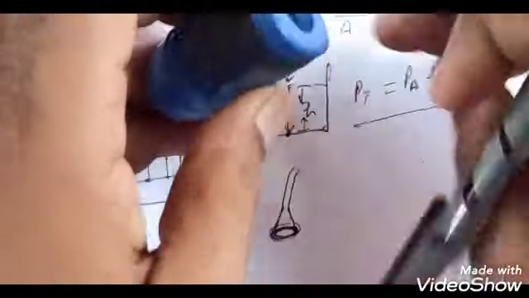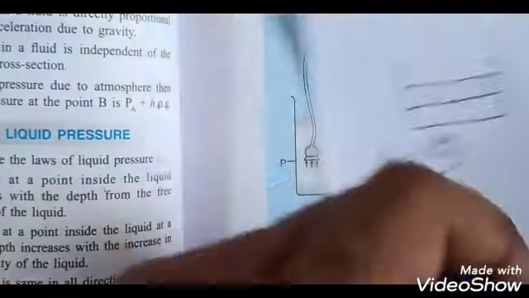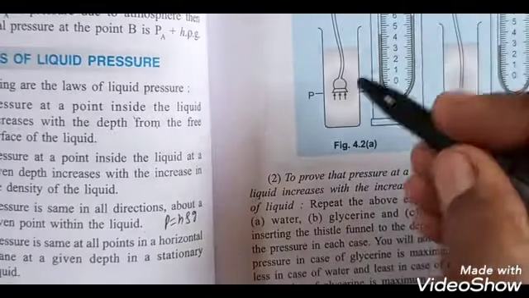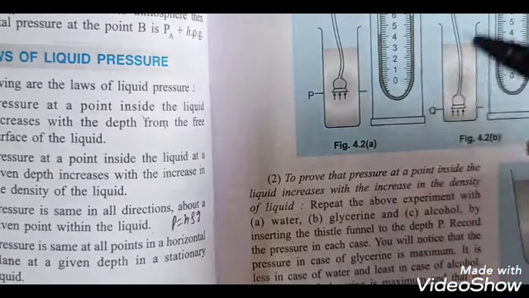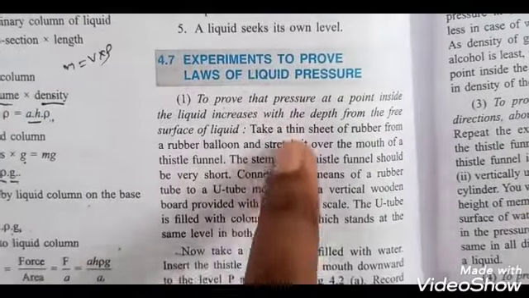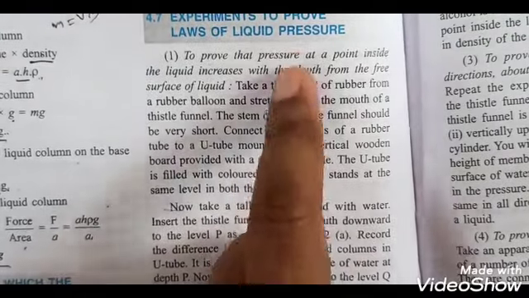This is the mouth, and on this the rubber balloon is tied nicely, right? So this is what they are showing here. This is the arrangement, and it is explained in this first paragraph. Clear? So you go through this paragraph.